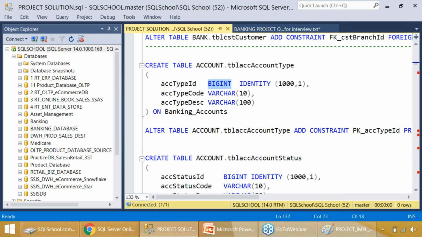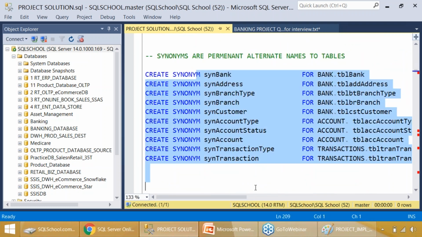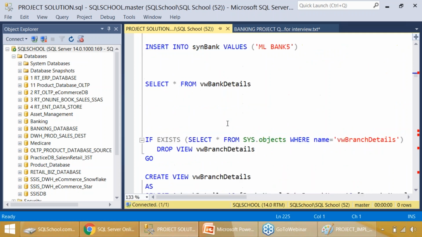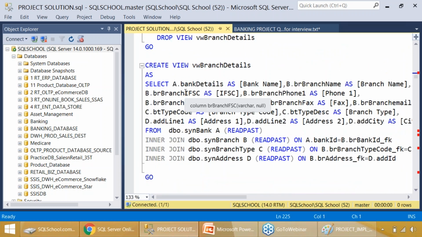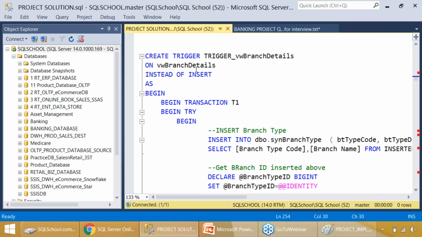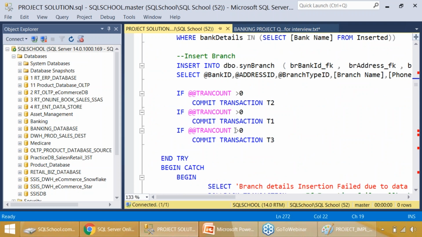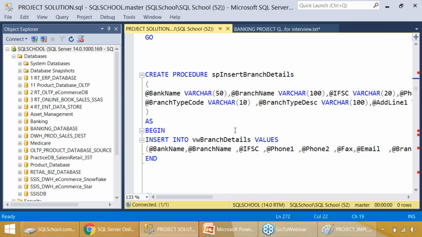Data type is one of the influencing factors for a table design, and we'll be understanding how to work with synonyms, joins and views, how to work with joins and views with lock hints to address possible query blocking, triggers on views with transactions, and we will be understanding big and small transactions and trigger programs. We'll be understanding stored procedures on tables and views both.